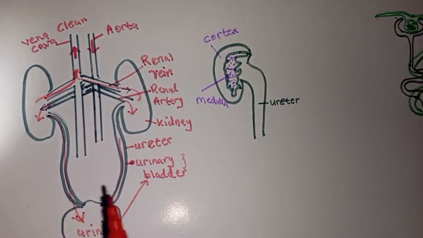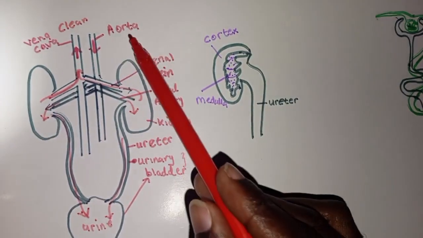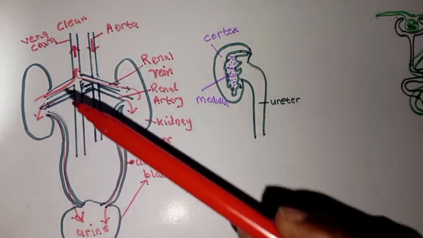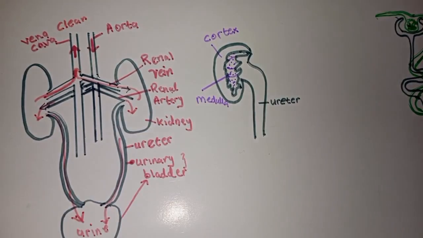Now when we look at this, the importance of everything that we've mentioned so far. You have the aorta. The aorta carries oxygenated blood from the heart to other parts of the body, which also comes through the kidneys.